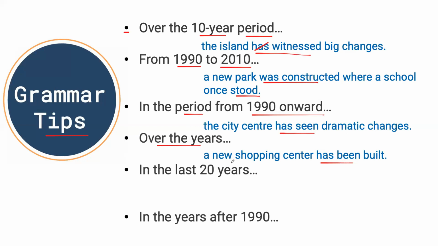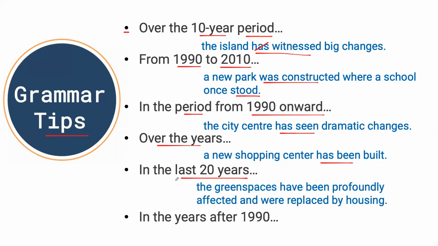This is not specific to a time, and over the years could contain today. So if we're talking about something, a map or a redevelopment scheme that is currently in existence, we could say this. In the last 20 years. So if we say in the last, that means it is continuing up to today. So we would use present perfect.